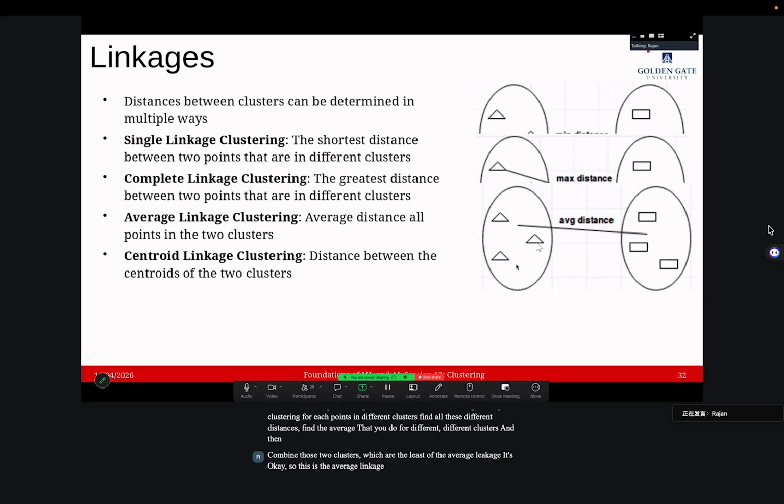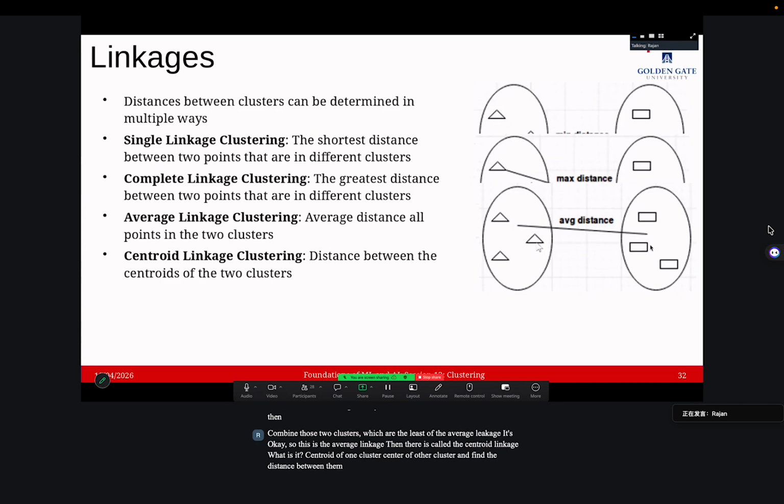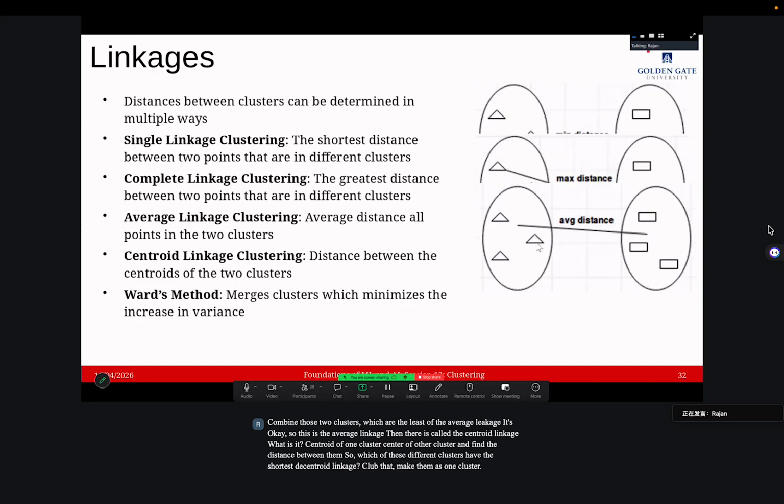Then there is the centroid linkage. What is it? Find the centroid of one cluster, the centroid of the other cluster, and the distance between them. Which of these clusters have the shortest centroid linkage? Club them, make them one cluster. These are all different ideas that are very easy to visualize.